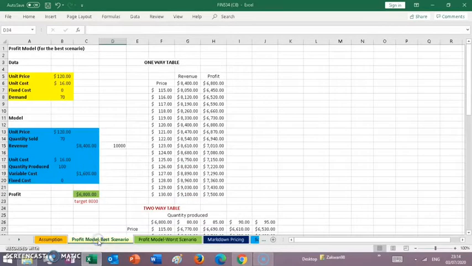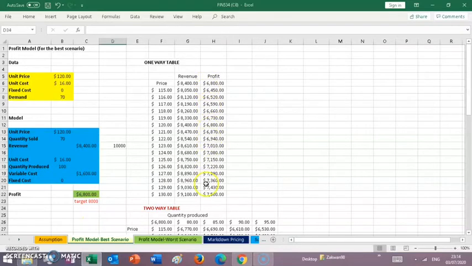Next, go to the profit model for best scenario, which is I make some tests, which is one way table. I get test for change the price, and the result is we don't get any sufficient target because the target is 8,000.